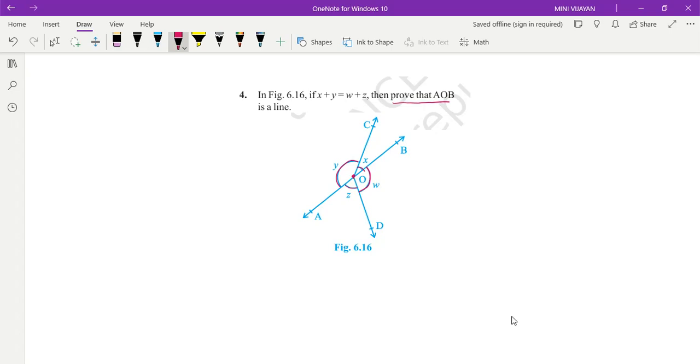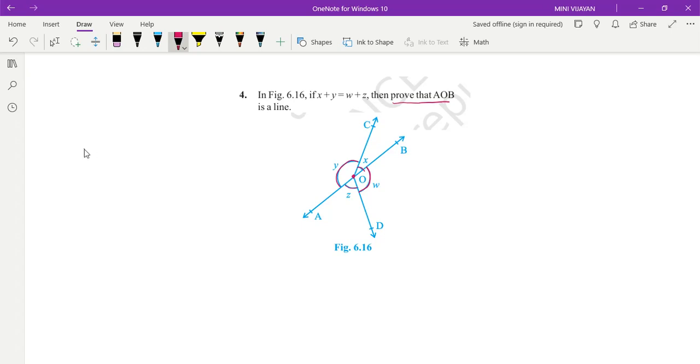What is the total angle around a point? The total angle around a point forms a circle. So angle in a circle or a full turn, which is 360. Clear? So that is the property we can apply here. When you add all the four angles, it will give 360.